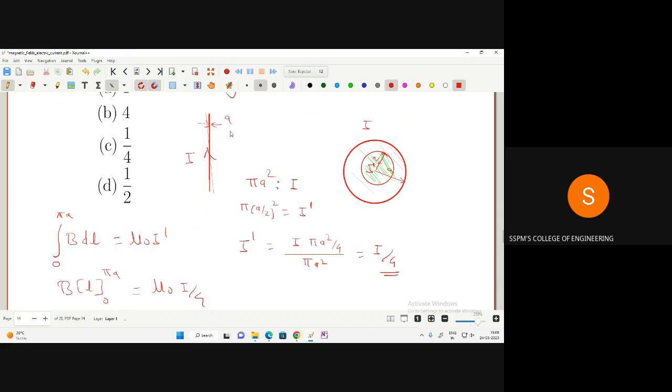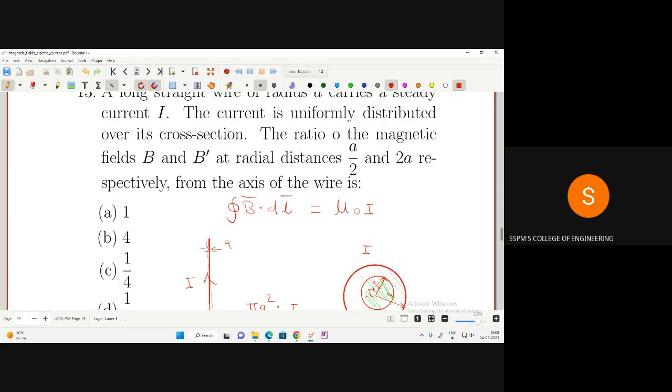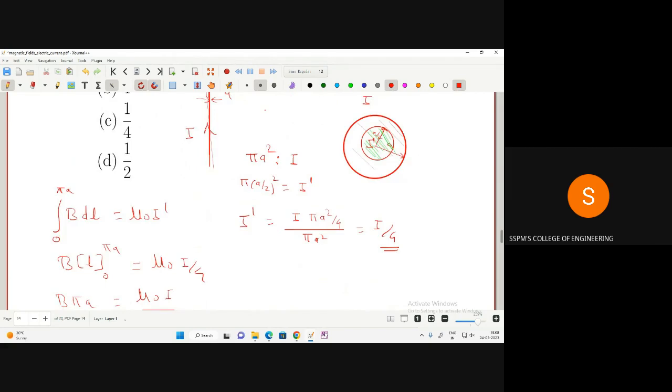आता इक्वेशन नंबर 2 म्हणजे आपल्याला आता B प्राइम कुठे काढायचा आहे बघा, ऍट 2a ला काढायचा. म्हणजे इथे काढायचं आहे, वेअर द डिस्टन्स बिटवीन P and the wire is 2a. And what is the equation for B? Due to infinite current carrying wire, B prime at point P is equal to mu 0 I divided by 2 pi into distance.